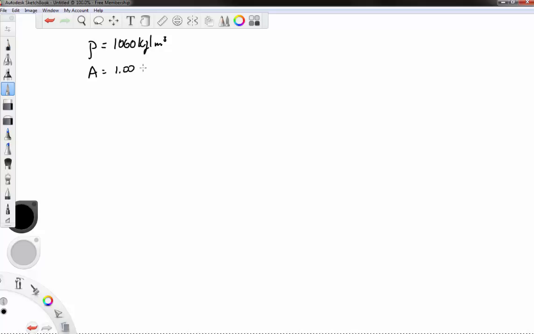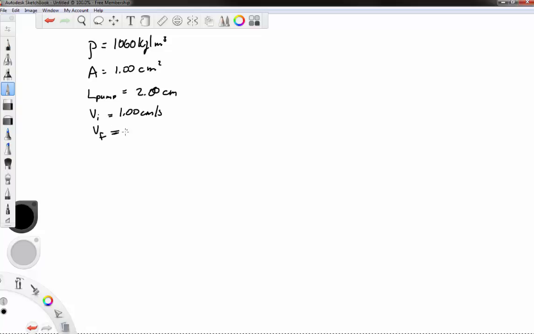is 1.00 square centimeters, and it's going to have a pumping length of 2.0 centimeters. So we'll say L pump equals 2.00 centimeters. Initially the blood is going to flow in at 1.00 centimeters per second.